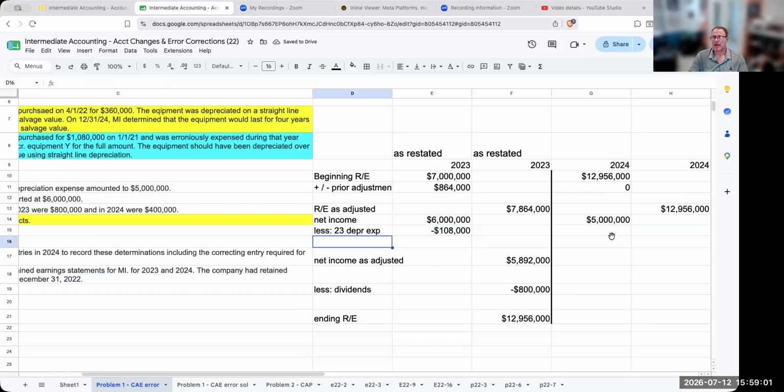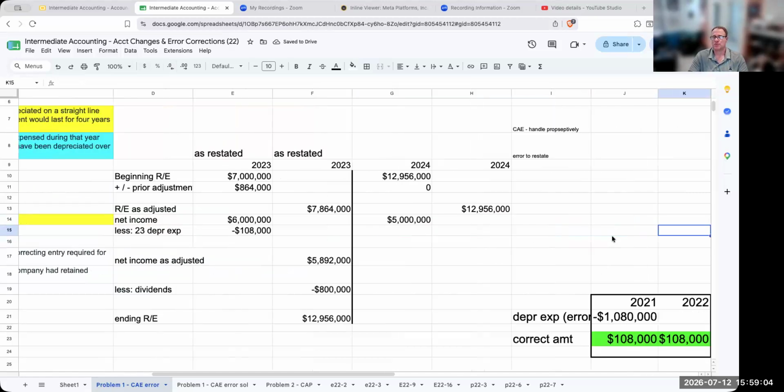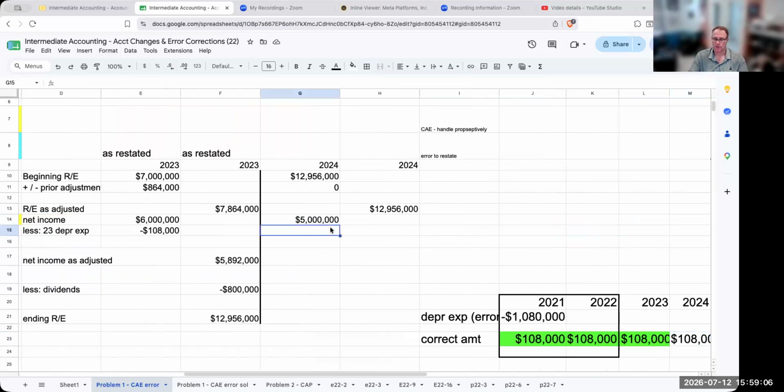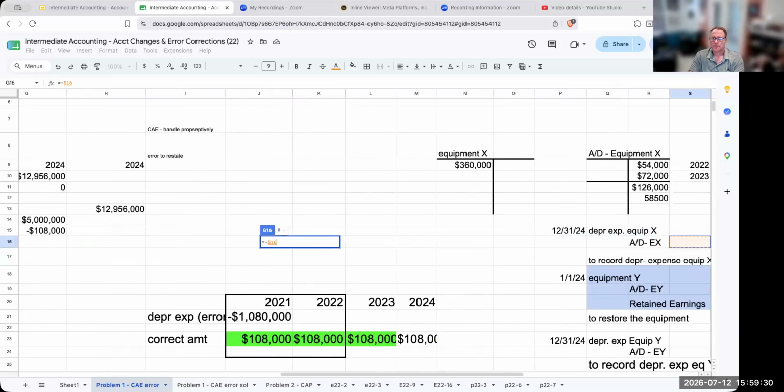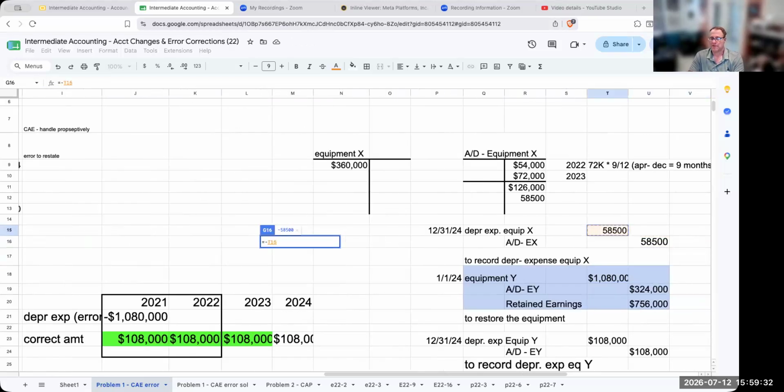And then I also need to do depreciation twice. I need to take it over here for the 108,000. And what I also need to do is the 2024 depreciation, less equipment Y depreciation, less equipment X depreciation. So here I'm going to be subtracting 58,500.